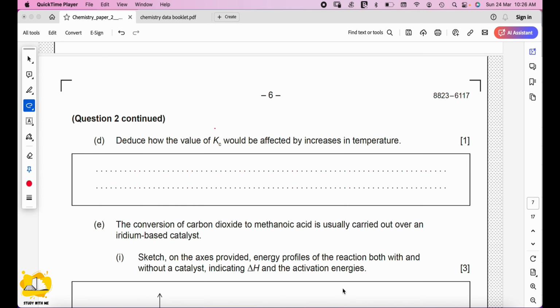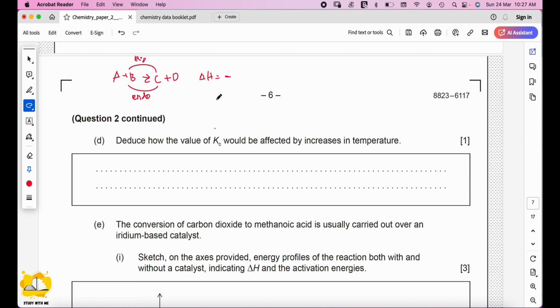Deduce how the value of Kc would be affected by increases in temperature. So if, for example, the reaction A plus B produces C plus D, and as the temperature increases, delta H will be negative, so this way will be exothermic and this will be endothermic. So how would Kc be affected by increases in temperature?